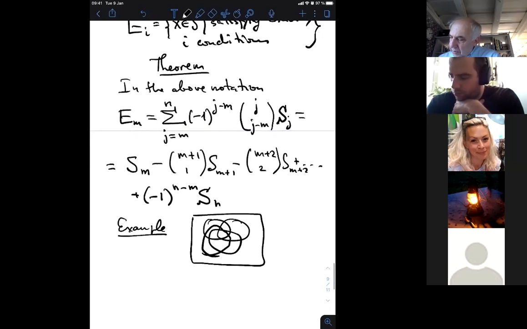Now E2, so we have m equals 2, n equals 4 in this case.